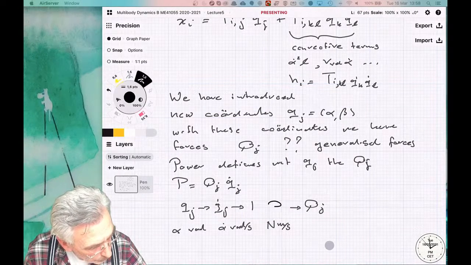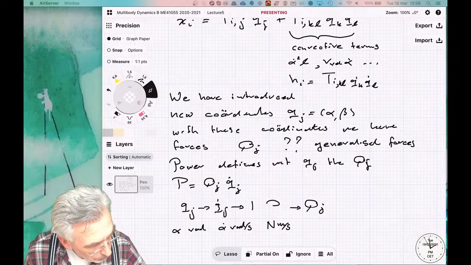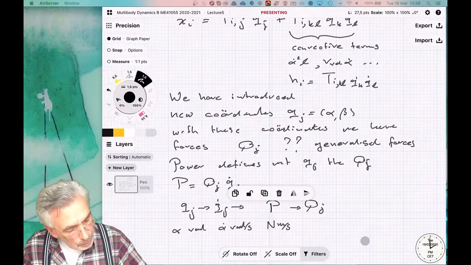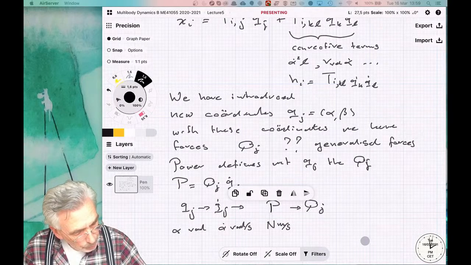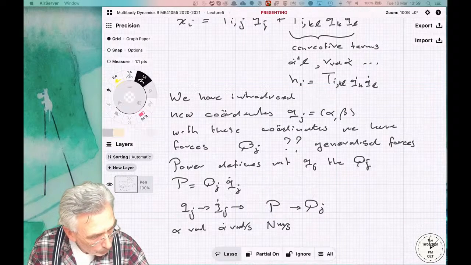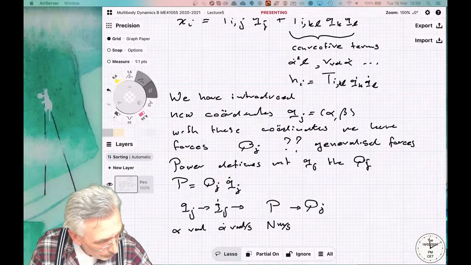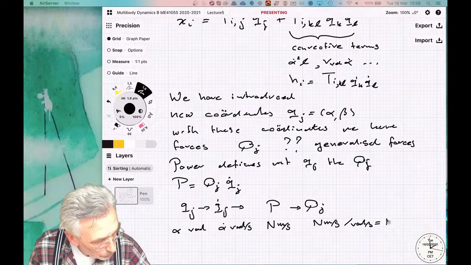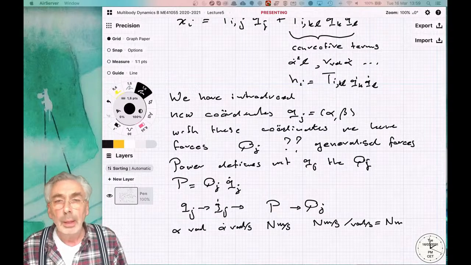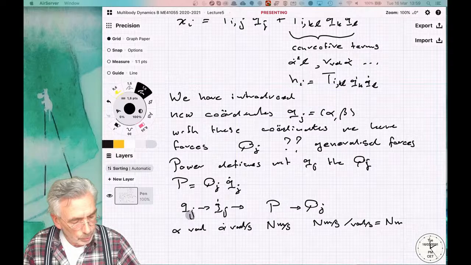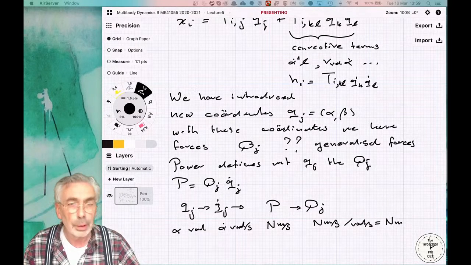That means, of course, that if the product of this Q_j and the velocity should be Newton meter per second, then the outcome is Newton meter per second, and then we have to divide that by radians per second, or in other words, that's Newton meter. So the generalized force, which goes by a definition of an angle in radians, is a torque in Newton meters.